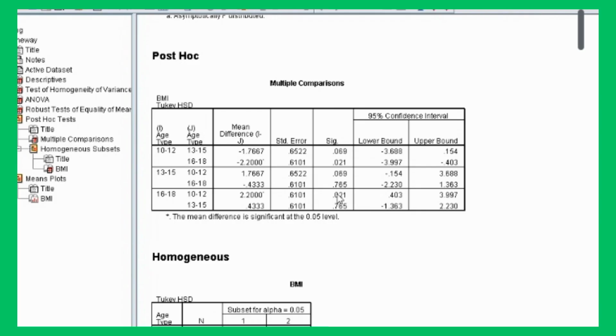So it states that there is a significant difference between these two groups. And between 13 to 15 and 16 to 18, the p-value is 0.765. So there is no difference. So we know that now the one that is different from the rest is 16 and 10. So between 16 and 10, there is a significant difference.